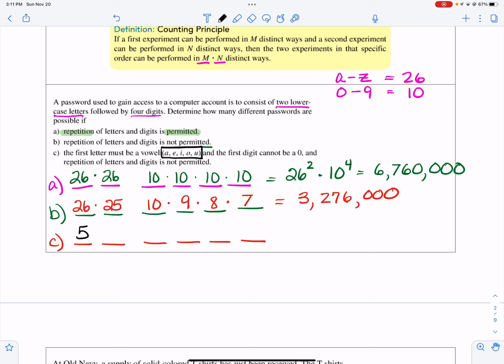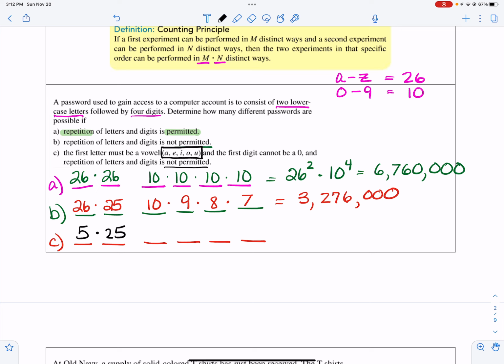So let's say we choose a letter A, and it's also saying that repetition is not permitted. So let's say we pull the letter A out, okay? But now we put all the rest of the vowels back in with the other letters. And so we've only taken one letter out, and so for the next letter, we have 25 possible choices because we took that vowel out, but then we put the rest of them back in the bag.